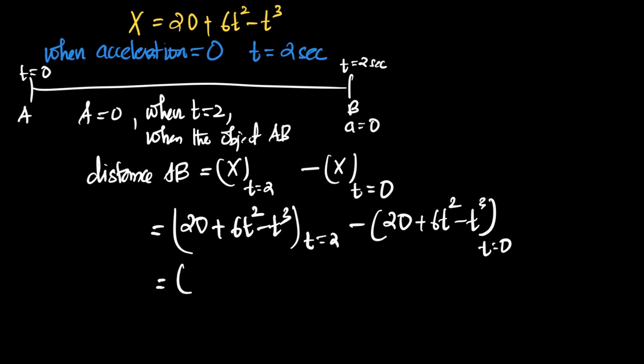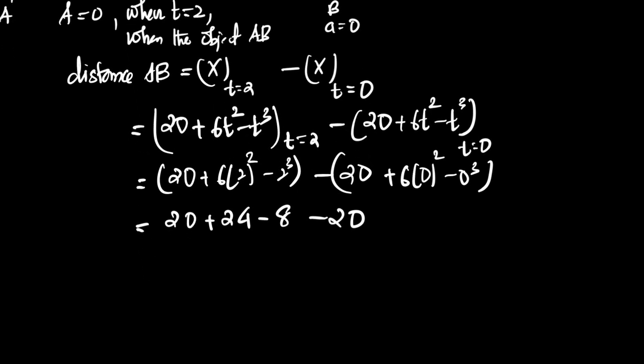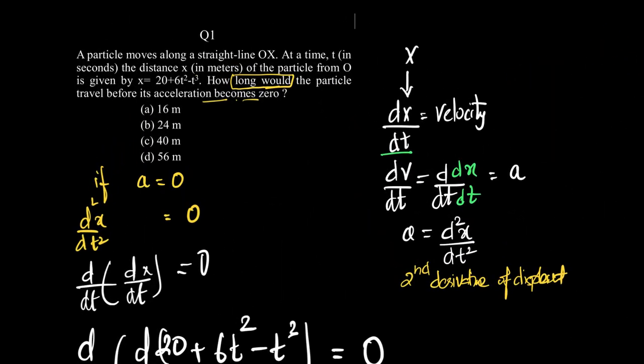So this is equal to 20 plus 6 into 2 square minus 2 cube, minus 20 plus 6 into 0 square minus 0 cube, which basically is equal to 20 plus, what is 6 into 2 square, it is 24, minus 8, minus 20, right? So this will give you 20 plus 24 is 44, 44 minus 28, which is basically equal to 16. So the required distance is equal to 16 meters, in which case the correct option is option A.